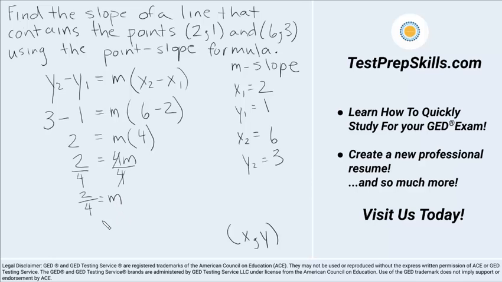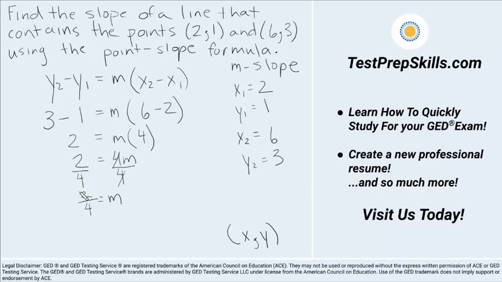Now, there's 2 more things we can do. This is our answer. Our slope is equal to 2 over 4. But we can simplify it a little further, and we're going to do one other thing. First, we'll simplify. When we simplify, we're looking for factors. A factor is a number that we can divide into both our numerator and our denominator in our fraction, and it will leave us with a whole number.